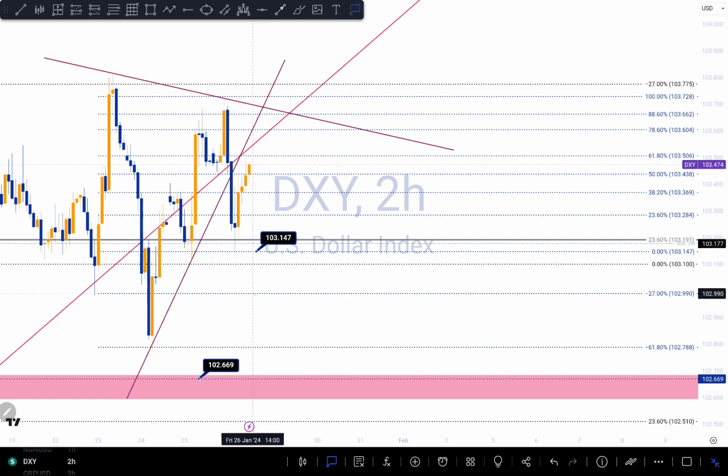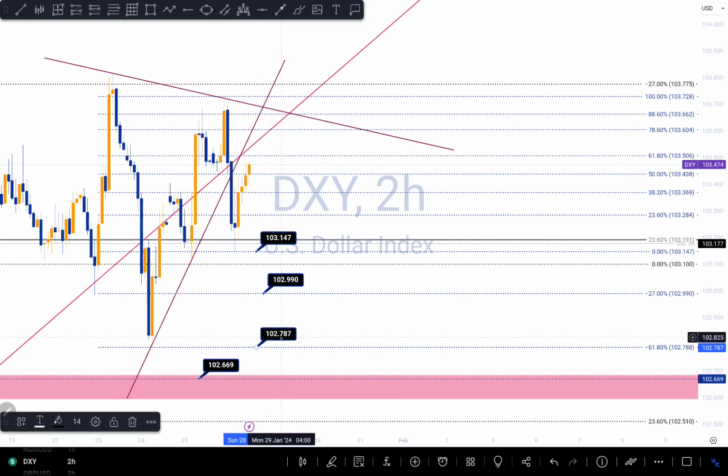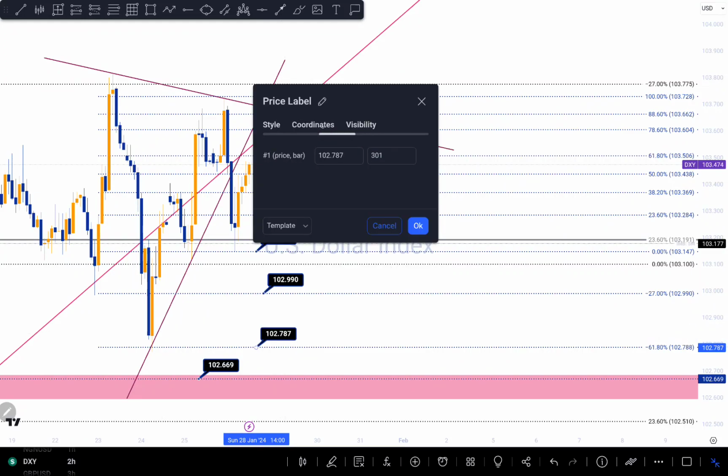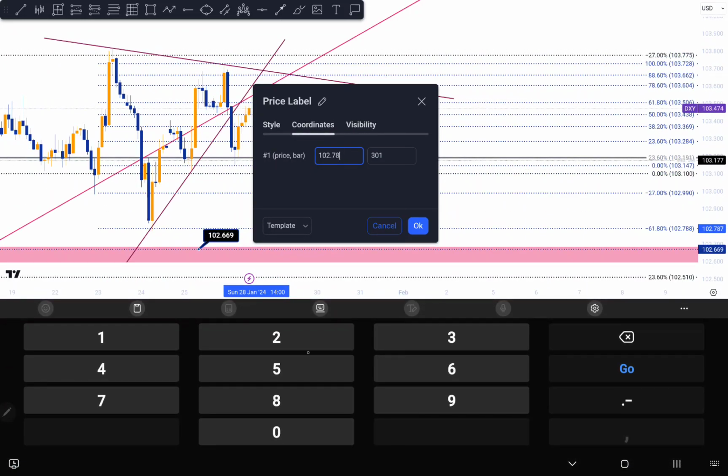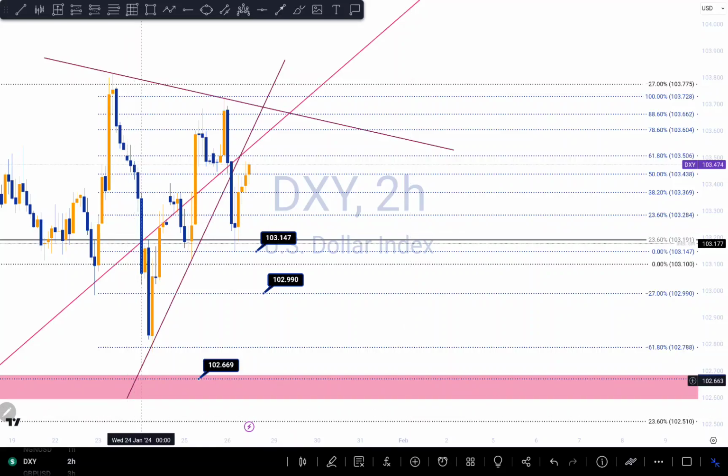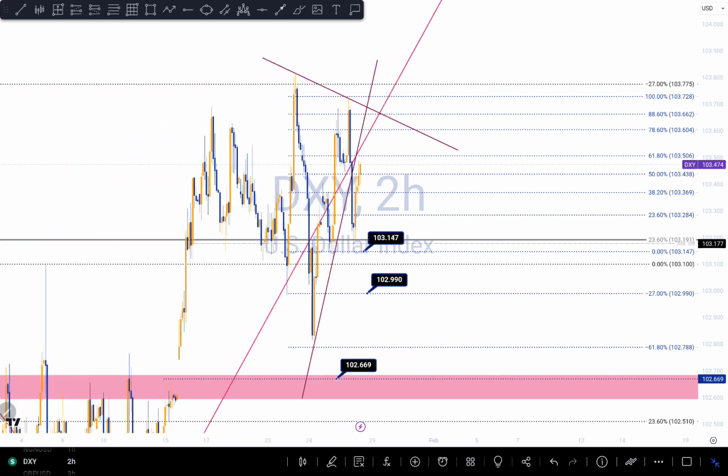My second TP will be here, 90. My top TP will be here for now, 788. And certainly this will be my overall TP, just like the ones I have mentioned in my previous video.